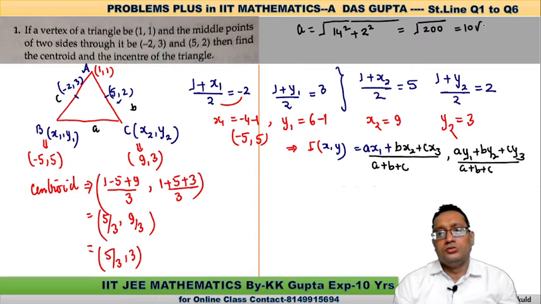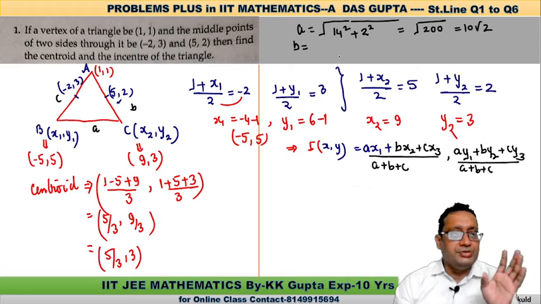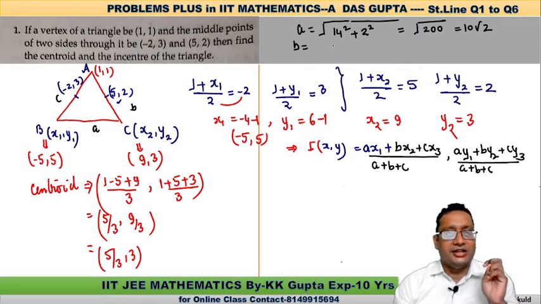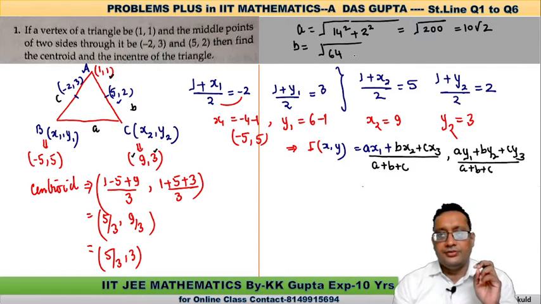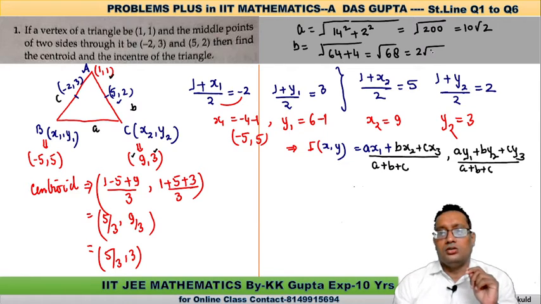Now we'll calculate the length B. If we are finding B, this will become 9 minus 1, 8, that is 8 square will be 64, plus 3 minus 1, that is 4, 4 square is 16. So root of 80... that is, root of 68, and 2 root 17, since 68 is 4 into 17.